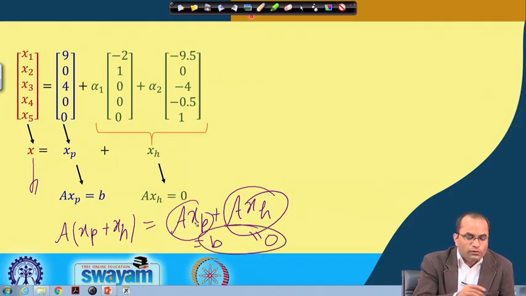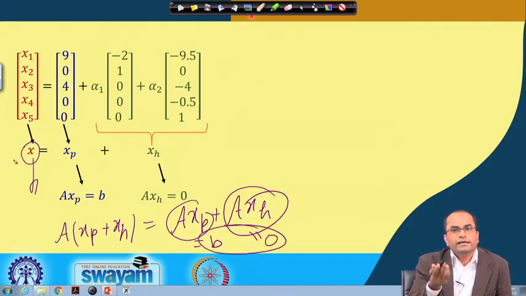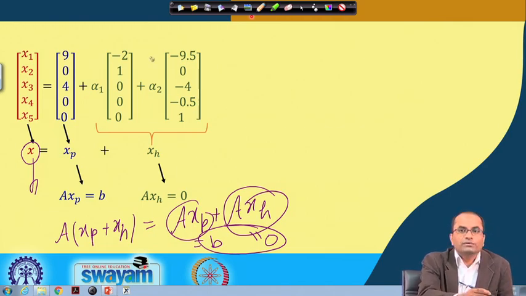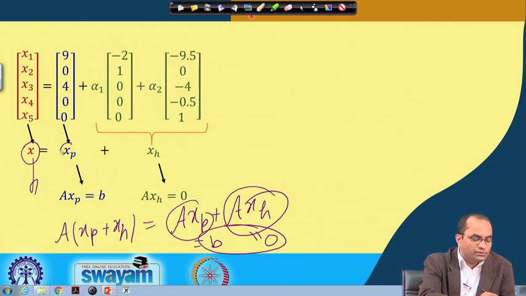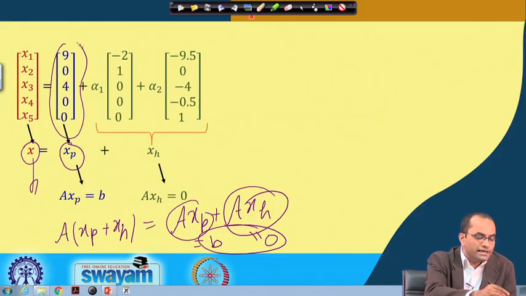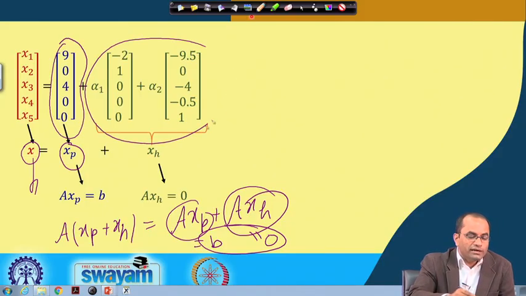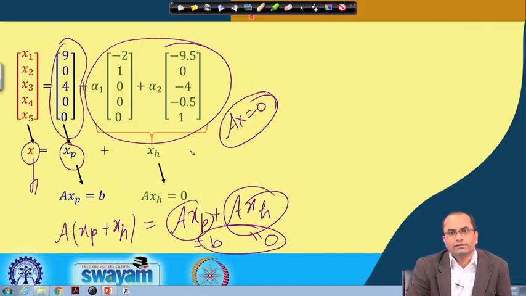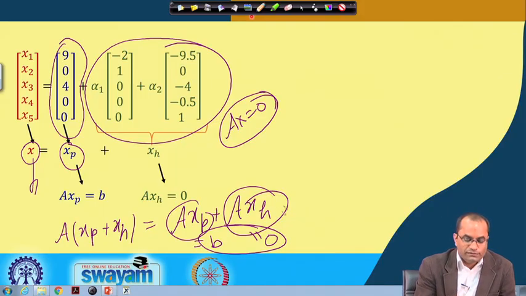So, as a whole also x will satisfy Ax equals b. If we go into a little more detail, this part is satisfying Ax equals b, and this part is satisfying Ax equals 0. As a sum they will naturally satisfy it, because Axh is 0 and Axp is b.